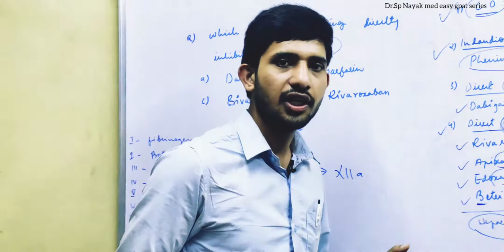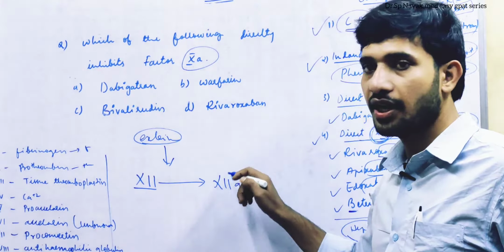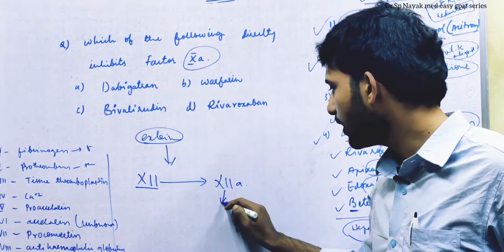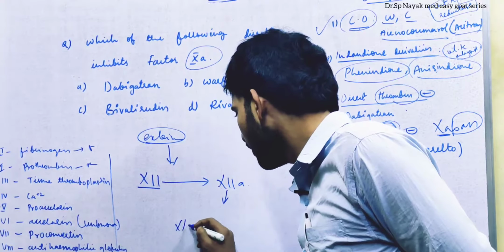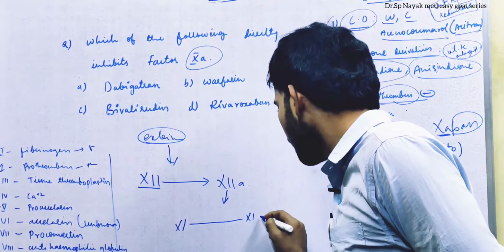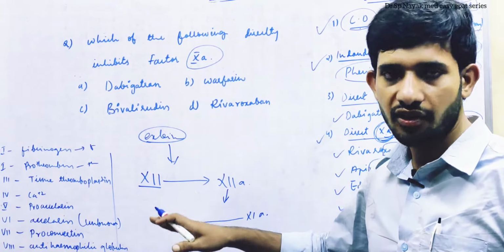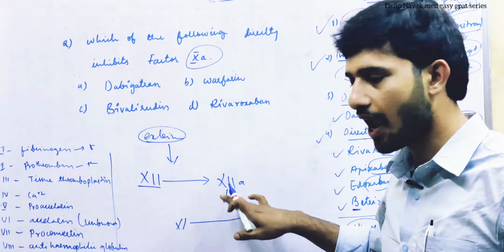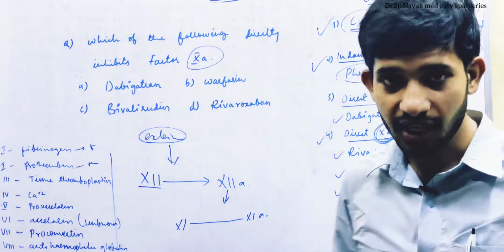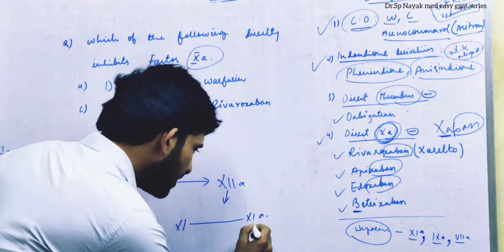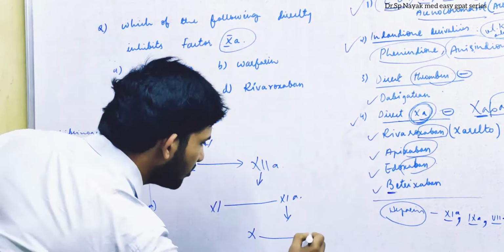The Hageman factor is converted into factor 12A, which is the activated form, and factor 12A activates factor 11 into 11A. Factor 11 is an inactivated form, and 12A activates 11 into 11A. And listen, this 11A again activates factor 10 into 10A.